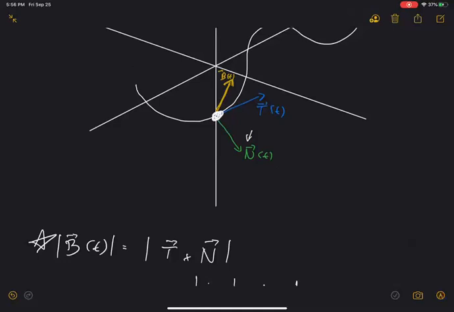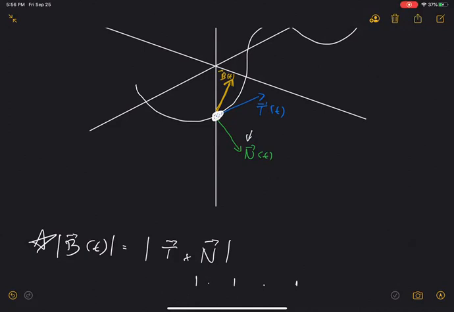And then we can also talk about the osculating plane. I'm not even sure how to pronounce this because it's not something I ever talk about. It's not oscillating, it's osculating.